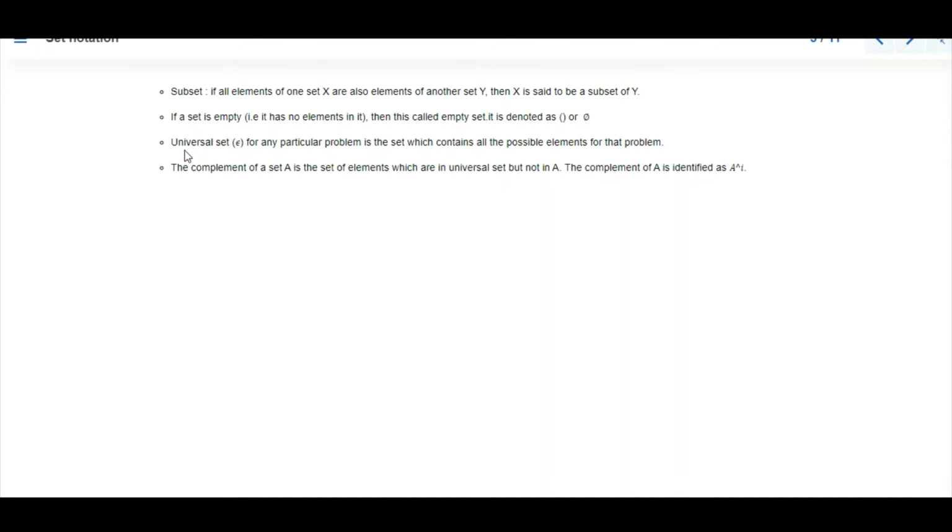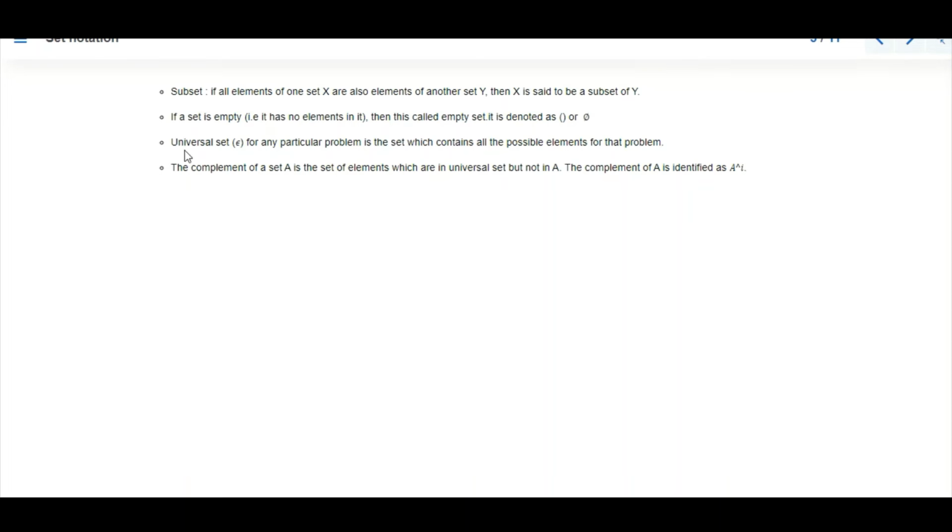Now when you're talking about the universal set, it comprises all the elements we need to work with, if you are given any specific problem to solve. Now we have what we call the complement of a set.